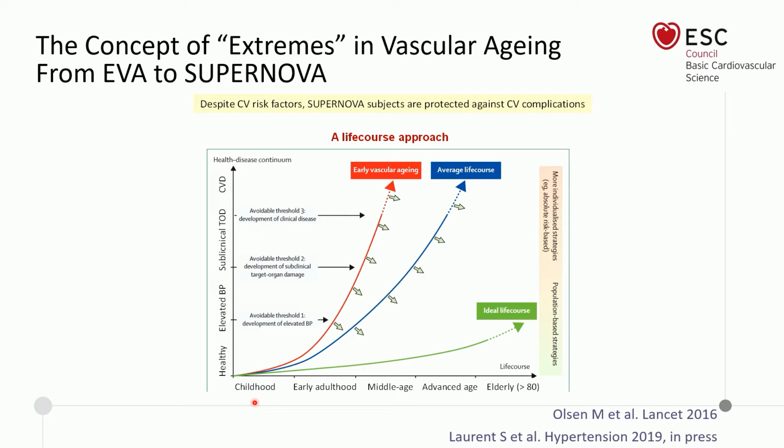So despite cardiovascular risk factors, supernormal vascular aging individuals are protected against cardiovascular complications. And maybe it is in this type of occurrence of cardiovascular risk that we can observe epigenetic mechanisms.